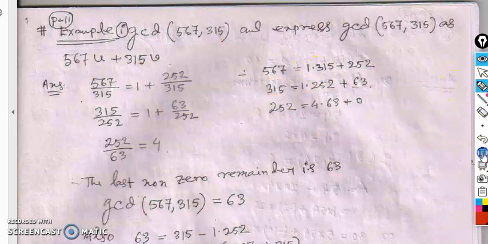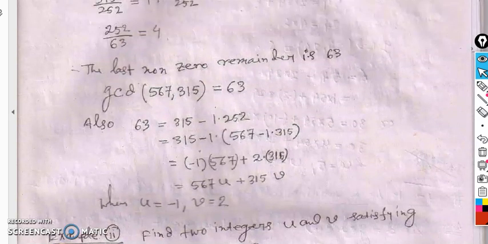So we move to the next part. You can easily understand this particular thing.